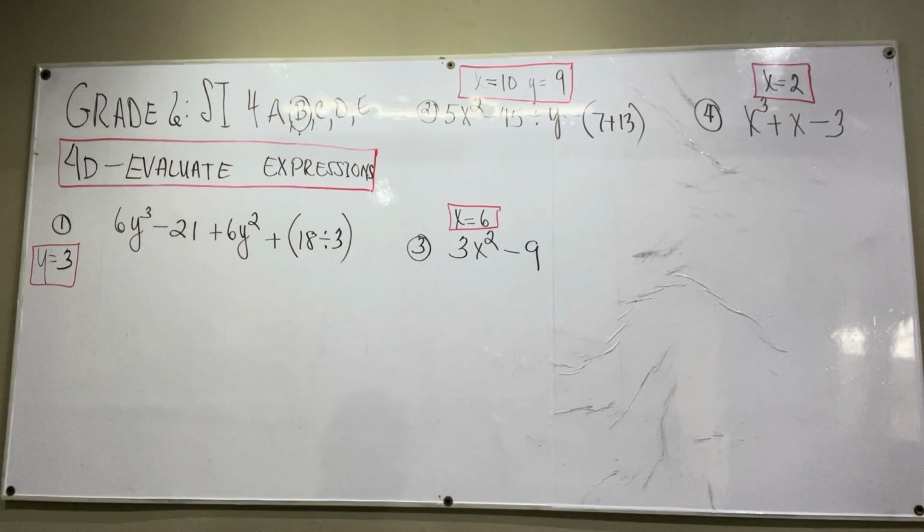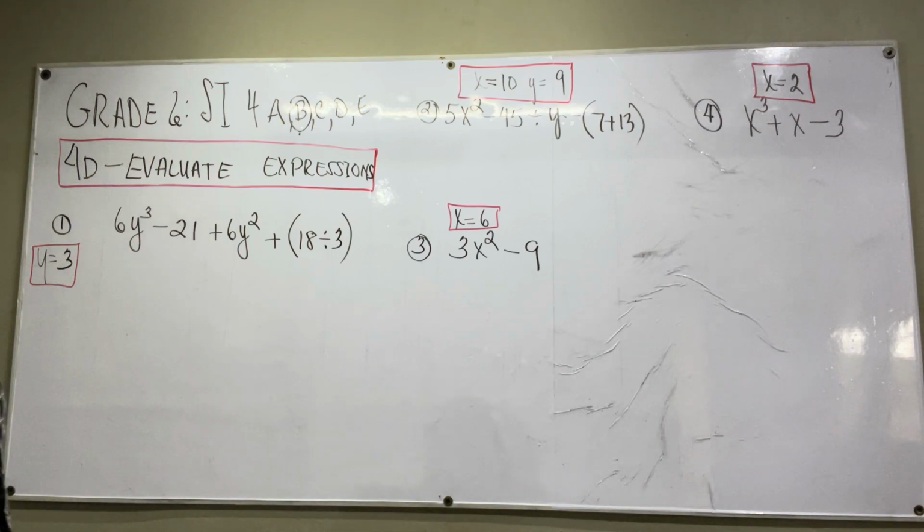They're also testing to see if you understand the order of operations. P, E, D, M, A, S, or P, E, M, D, A, S. Parentheses, exponents, division, or multiplication, division, addition, subtraction.